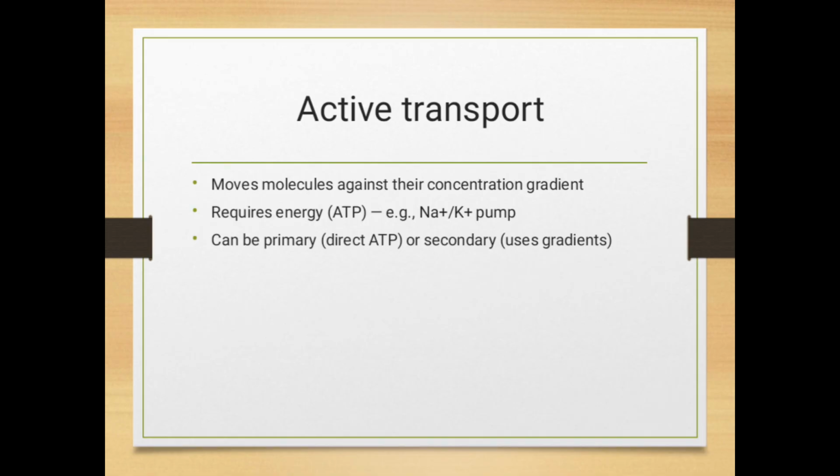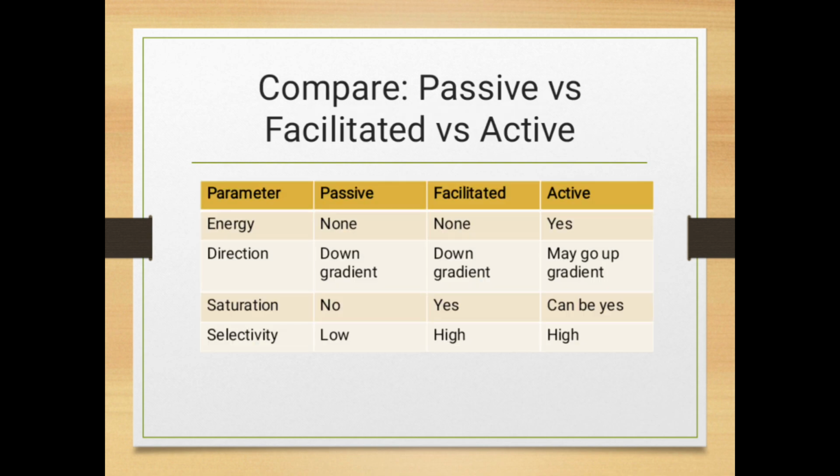The cells use ATP to move sodium ions out and potassium ions in, even when it is opposite to their natural diffusion direction.